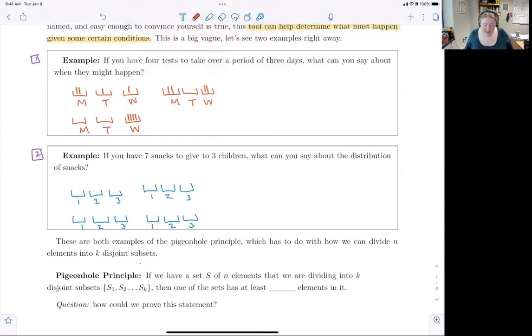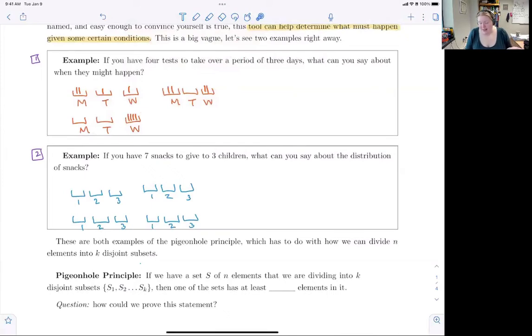These are all different ways to have 4 tests over 3 days. Now, what can I say happens every time? Well, I can't necessarily guarantee that I have a test every day. For example, here, I might not have a test every day, or here. I also can't necessarily guarantee that I have exactly 2 tests on one day. For example, let's look at this one.